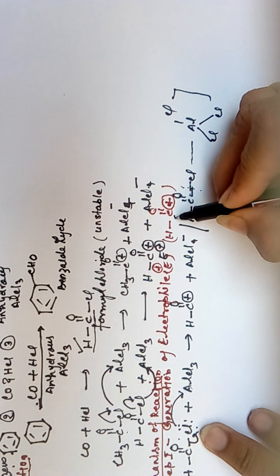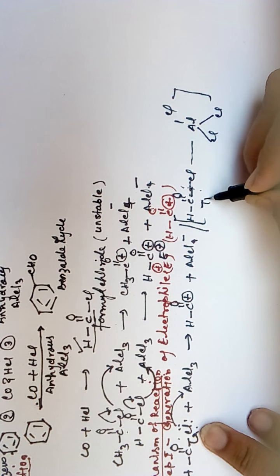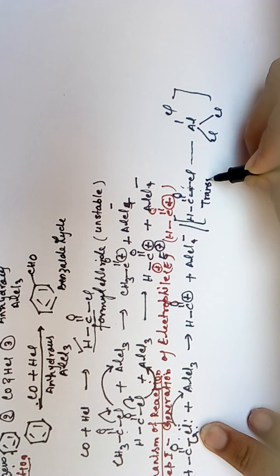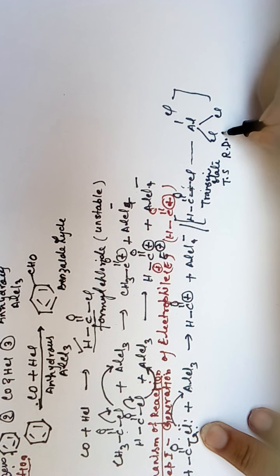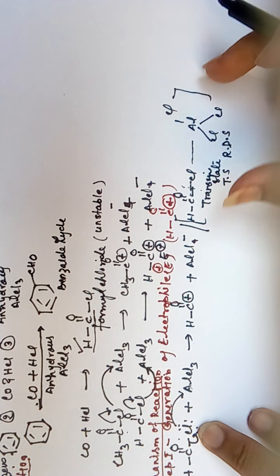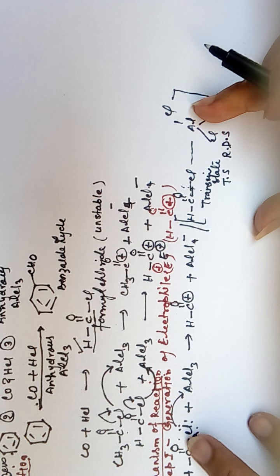So we get a transition state. This is called the transition state. It is the rate determining step because it is the slowest step of the reaction.